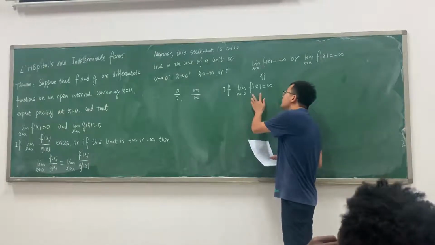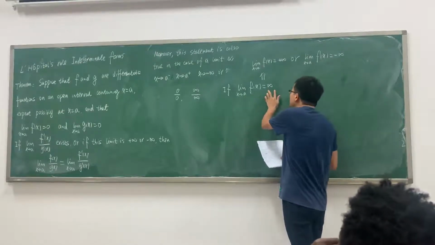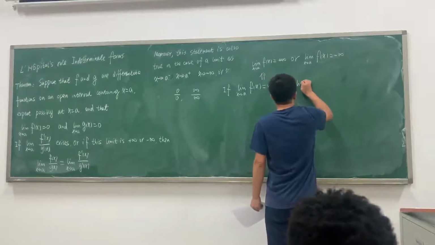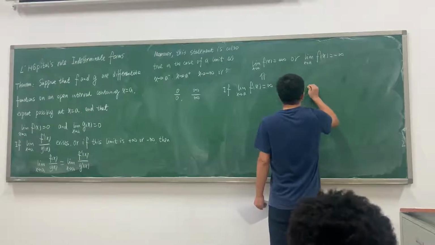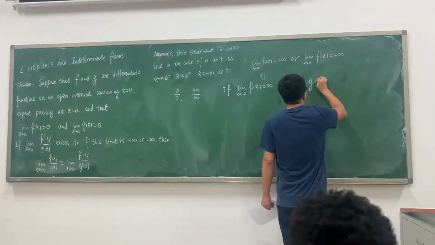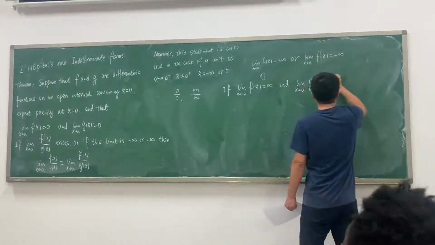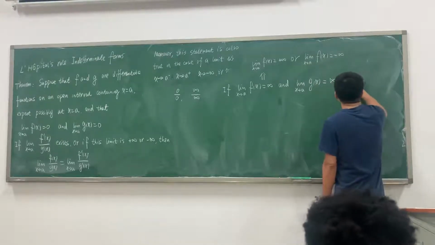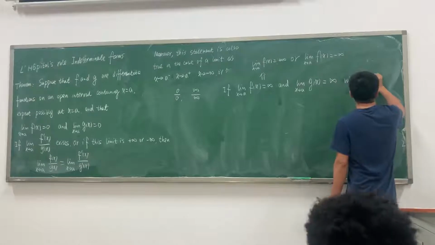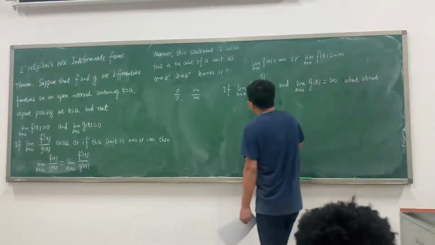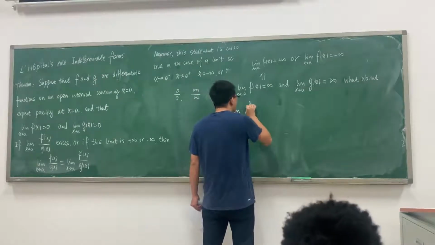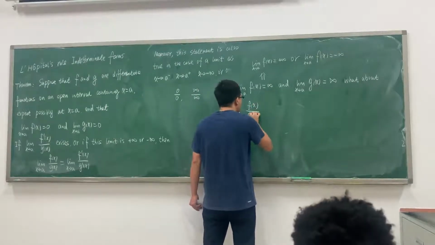So here, if the limit as x approaches a of f(x) approaches plus infinity, and the limit as x approaches a of g(x) approaches infinity. Okay, infinity. So what about the limit as x approaches a of f(x) by g(x)?